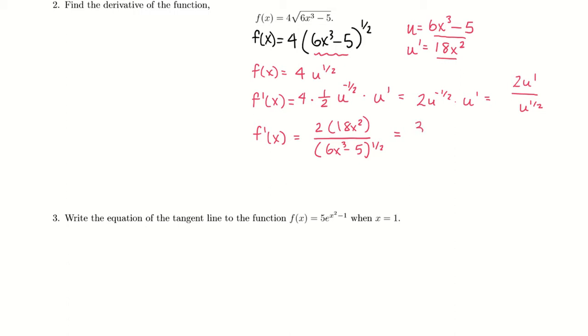I'm going to rewrite this as 36x squared over square root of 6x to the third minus 5. And that is our final answer for f prime of x.